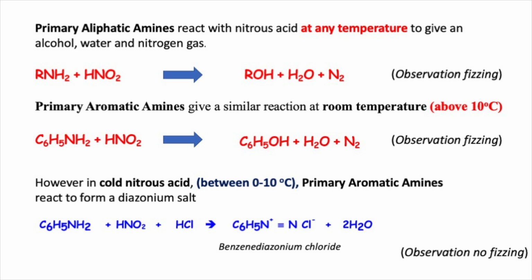Because if you add cold nitrous acid to both, the aliphatic primary amine will produce nitrogen gas and fizzing, and the aromatic primary amine will produce the diazonium salt, and you'll observe no fizzing.